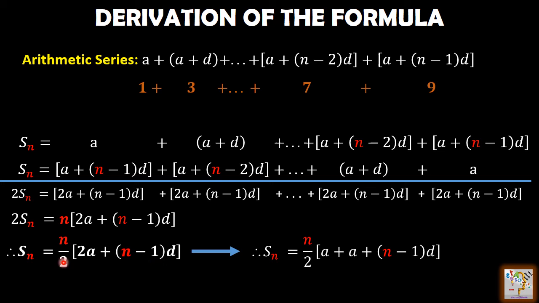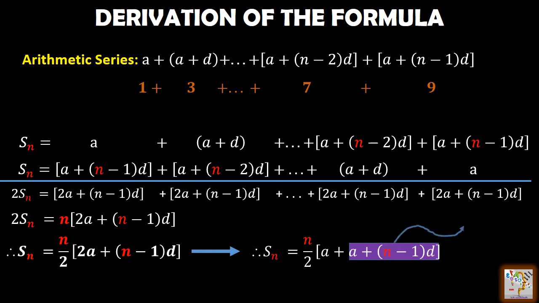If I expand it, 2a is the same as a plus a. But remember this part represents the last term. I said I will talk about the last term. This is Tn, so that part represents the last term.